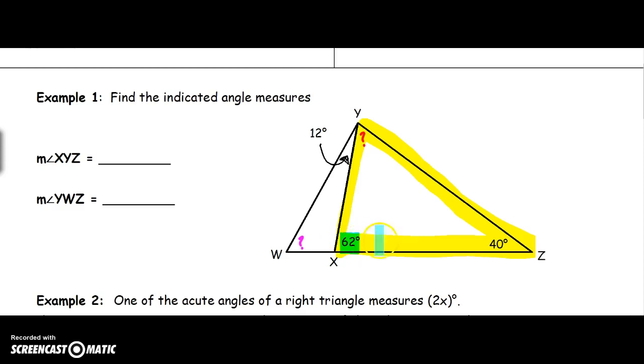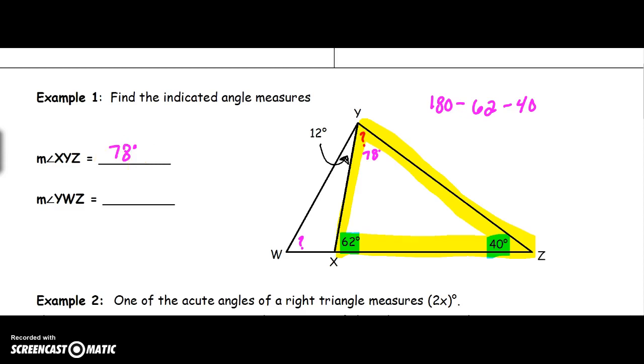We know one is 62 and one is 40. So if we take our calculators and do 180 minus 62 minus 40, you're going to get 78. So angle XYZ is 78 degrees.